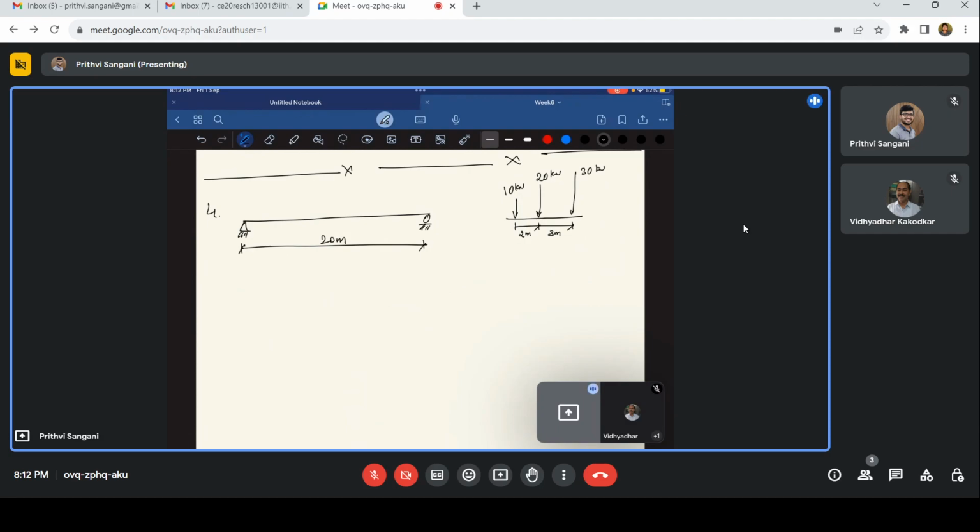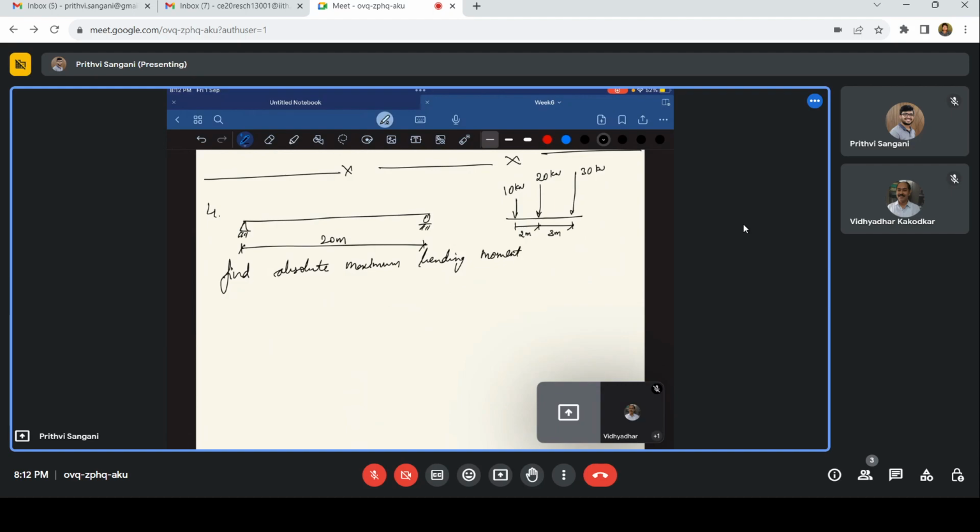We have a train of load which is passing along the beam. As you can see, there are three point loads: 10 kilonewtons, 20 kilonewtons, and 30 kilonewtons. So find the absolute maximum bending moment.